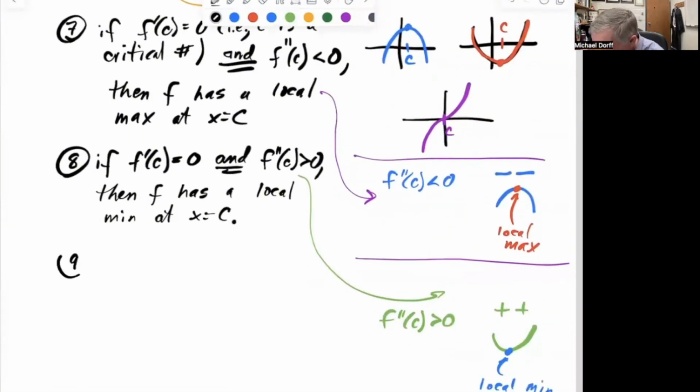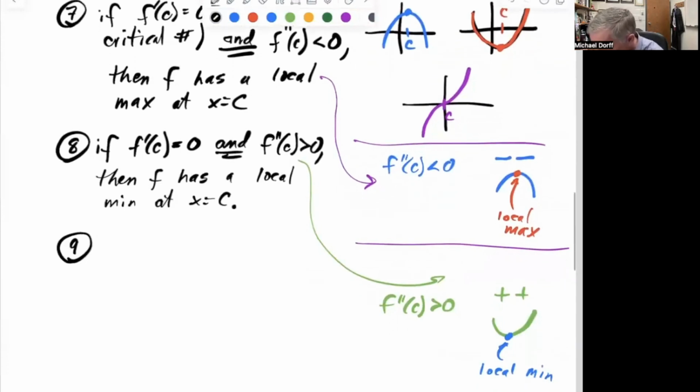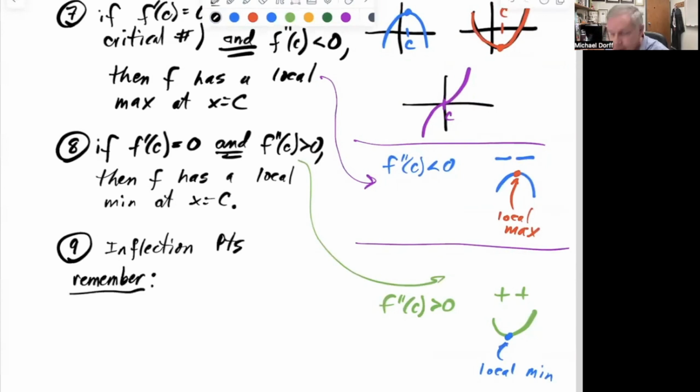Last thing that we have is inflection points. And what do we recall about inflection points? Remember, those are when the graph changes from concave up to concave down, or vice versa, concave down to concave up. So it changes concavity.